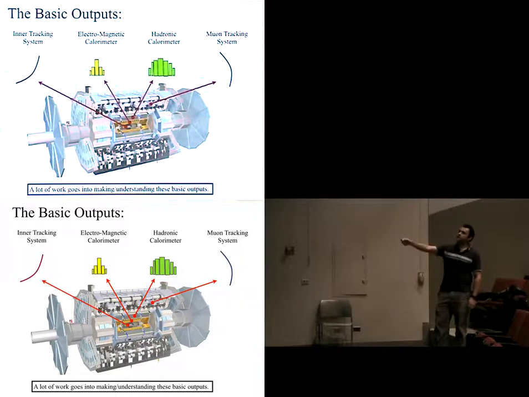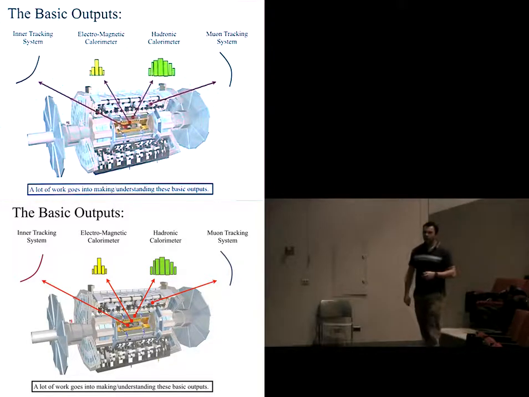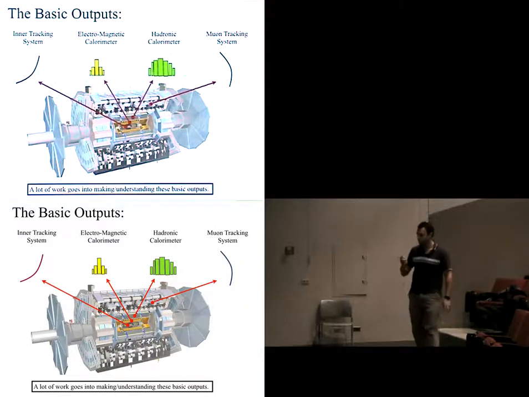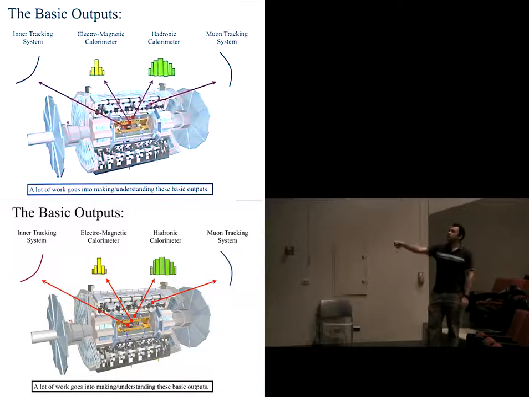One of the reasons these detectors are so expensive is that we want to stop all the particles. They're coming out at really high speeds, and you need a lot of stuff to stop them, so these are pretty bulky. They're made of steel and heavy elements.